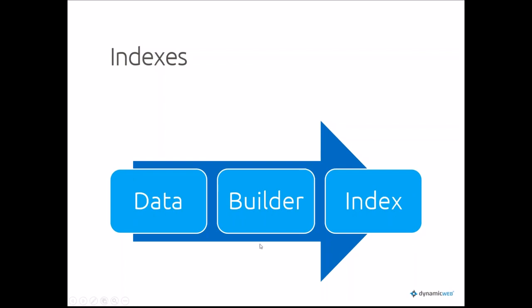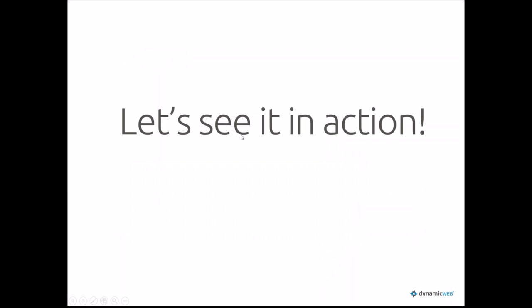Today we'll be talking a lot about this middle box here called builder. This is the one that actually knows about data and how to manipulate it. I think this will become clearer once we get into it, but let's actually see it in action.